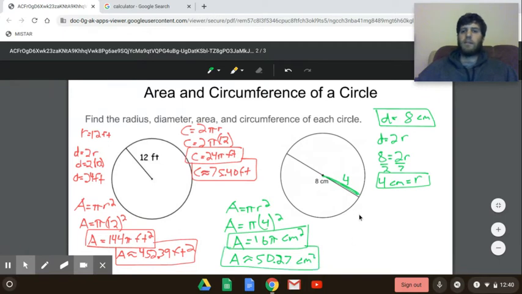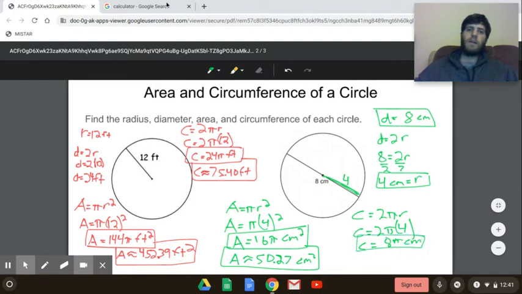And the last thing here is the circumference. The circumference equals 2 pi r. So circumference equals 2 times pi times the radius, which is 4. So that's going to be 8 pi, and your units there would be centimeters. Okay.